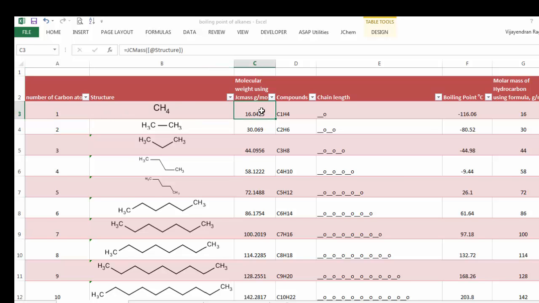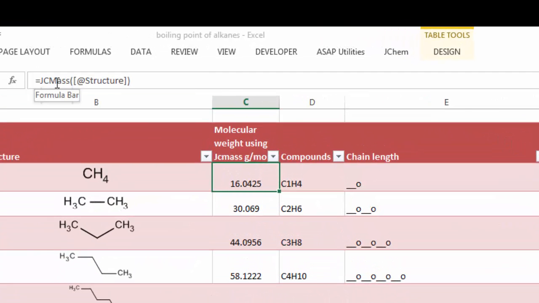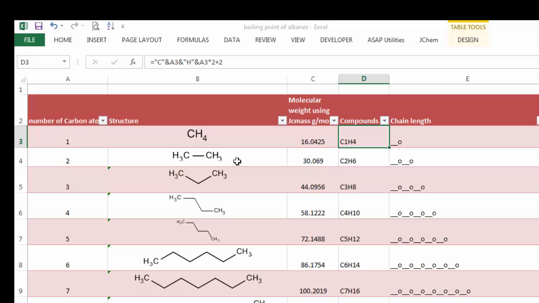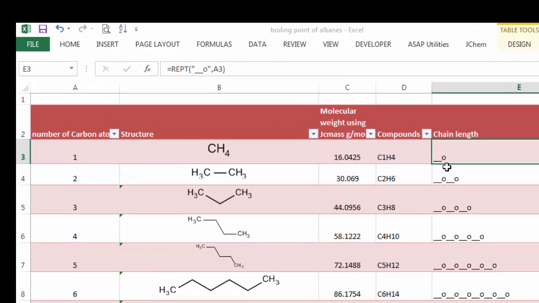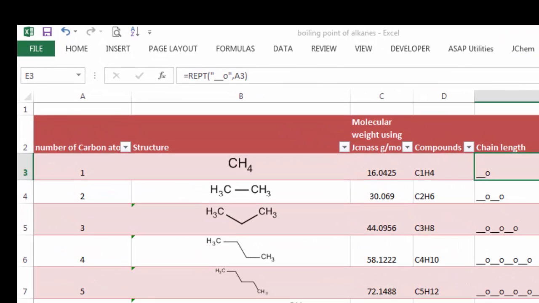Okay, and here we've got a formula based method to find out molar mass, and this one I've just used a formula and an ampersand operator to join the number of carbon atoms to create that. So C1H4, that means it takes 1 carbon and then 4 hydrogens, and this is just using the repeat function in Excel to indicate that you've got 1 carbon, 2 carbons, 3 carbons, and so on.